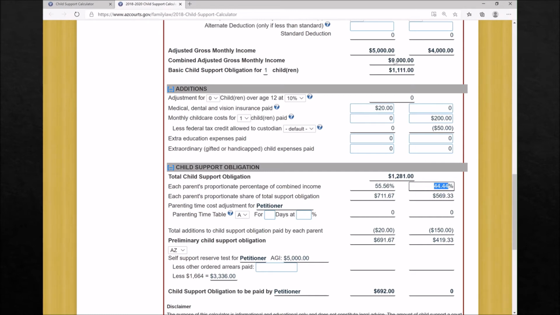It's just that the 9,000 is made up of 5,000 and 4,000, and father earns 55.56% of the total combined income, and the mother earns 44.44%. Using this ratio, as I explained in the other video I was talking about, the father's obligation is computed to be 55.56% of this total child support obligation, and the mother's is computed to be 44.4% of this total child support obligation.